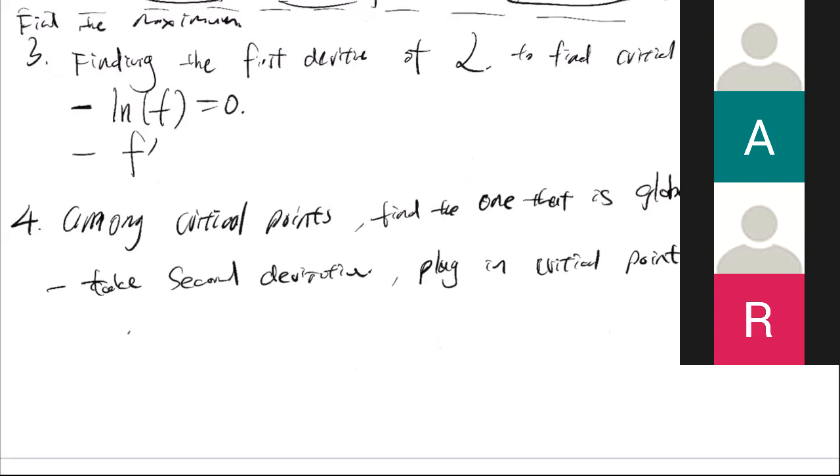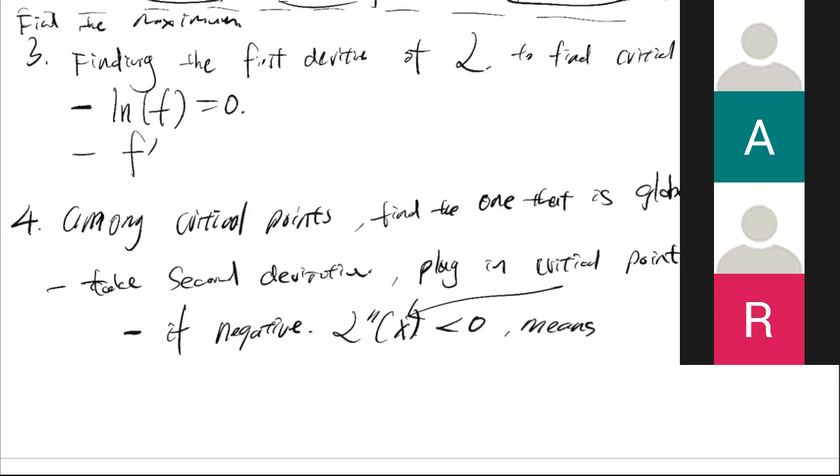If the value of the second derivative at a critical point is less than 0, that means there is a local maximum.